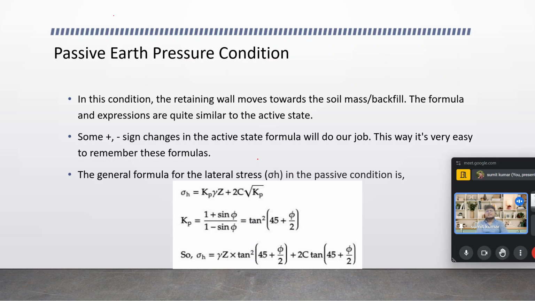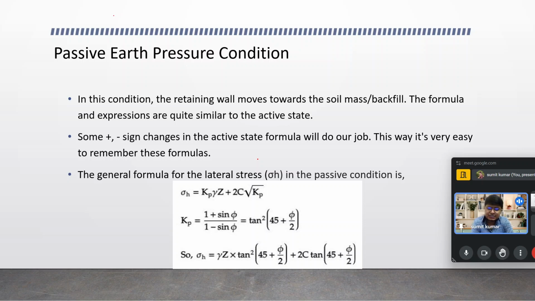Now we consider the second condition, the passive earth pressure condition. We have understood the same thing in the active case, and now we are considering the passive.